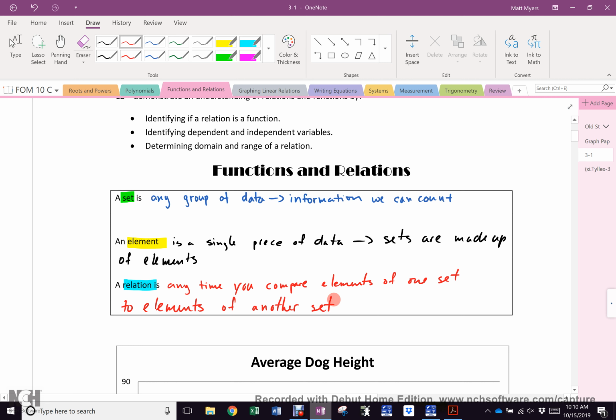Easy peasy. So, in this room we have a set, we have people, yeah? There is however many of us there is. I'm not going to count. Let's say there's 29 of us in the room today. Next door, is there a set of people? They're a set on their own. We're a set on our own, yes? But if we compared the two, we would be making a relation.